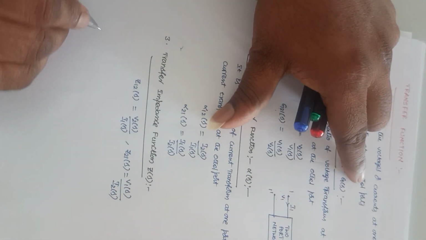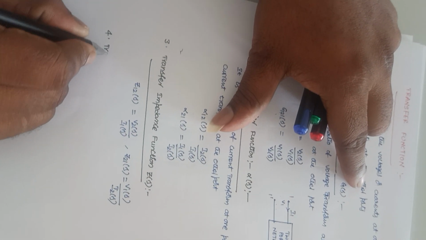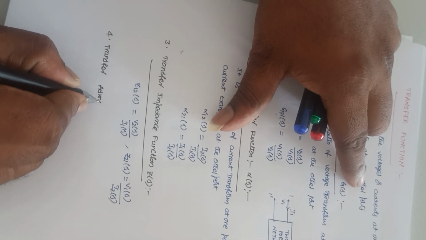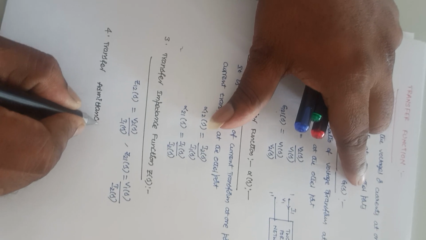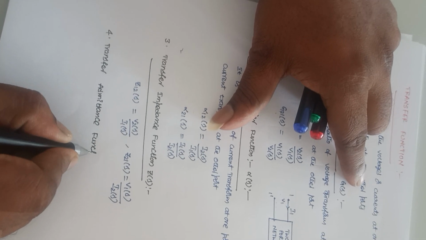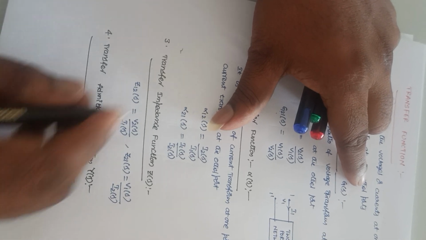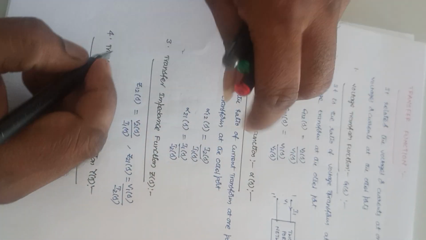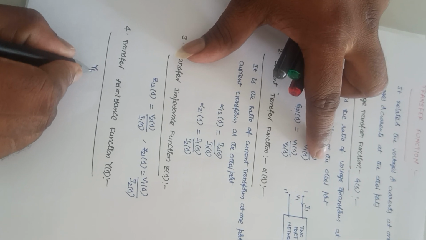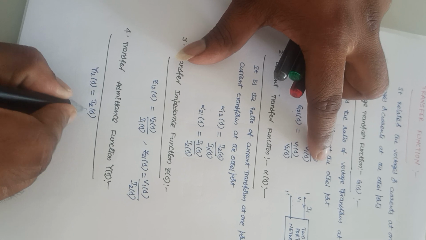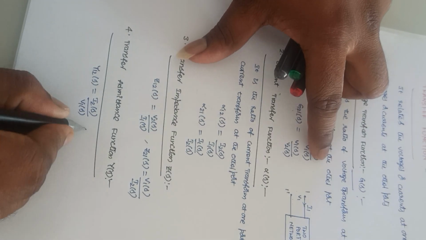Next, fourth one is transfer admittance function. It is Y of S. It can be defined as Y12 of S is equal to the ratio of current transform at one port to the voltage transform at the other port.